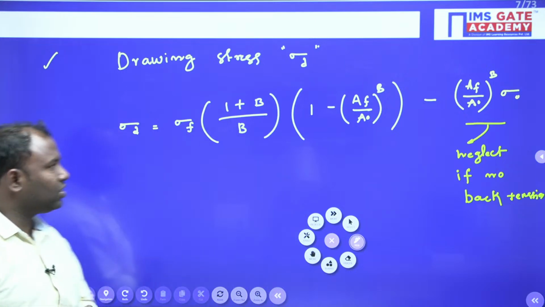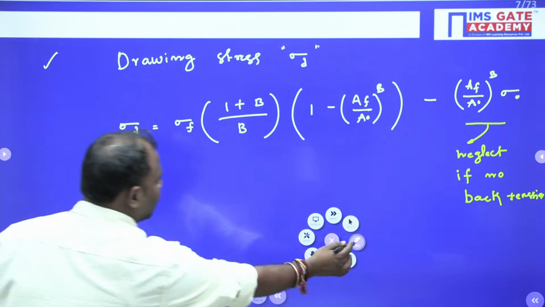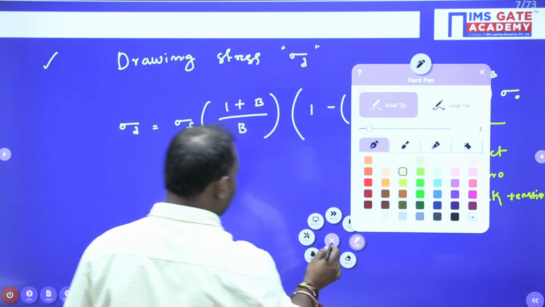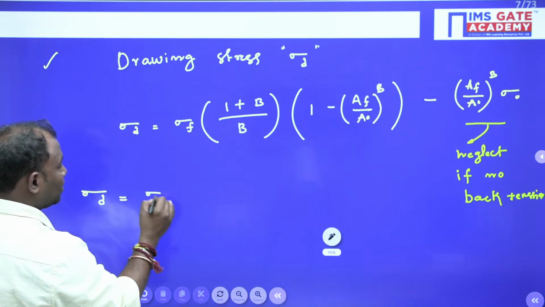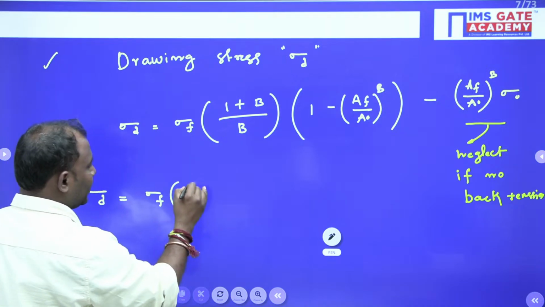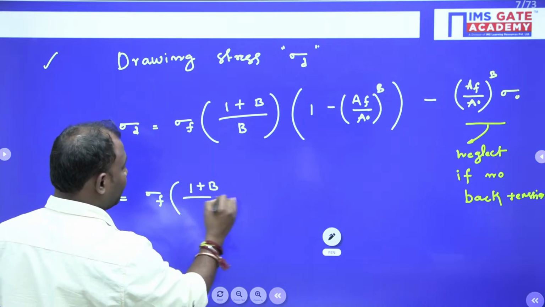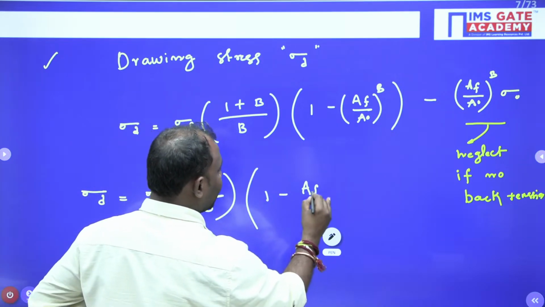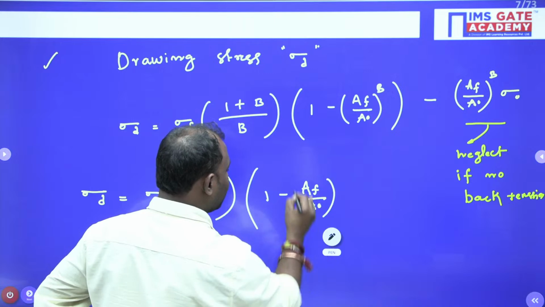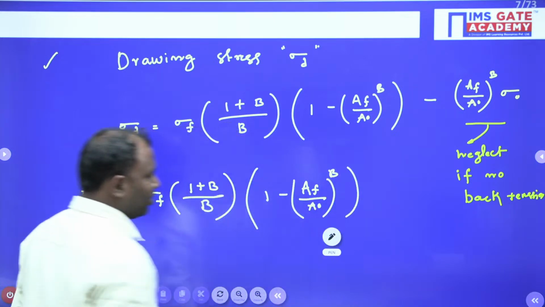All right, guys. So now if I neglect that, my final formula will be sigma D is equal to sigma F into (1 plus B) by B into (1 minus (AF by A naught) whole to power B). This is your drawing stress.